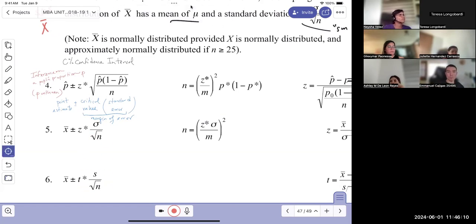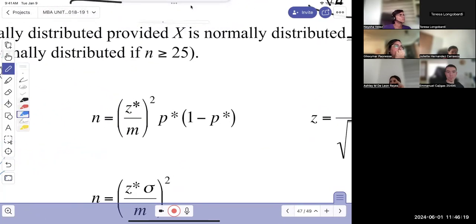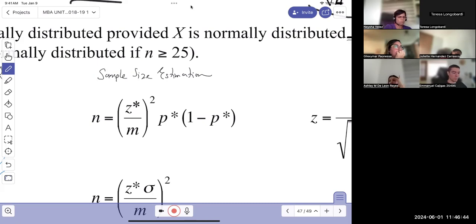Okay, so that column has been introduced. The next column is very interesting. This is known as sample size estimation. I spent some time talking today about sample size, noticing that the higher the sample size, the more precise your estimate can be.